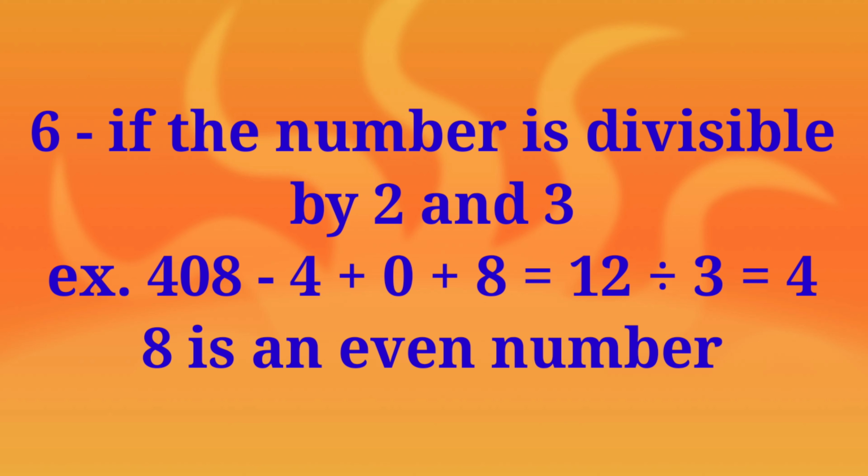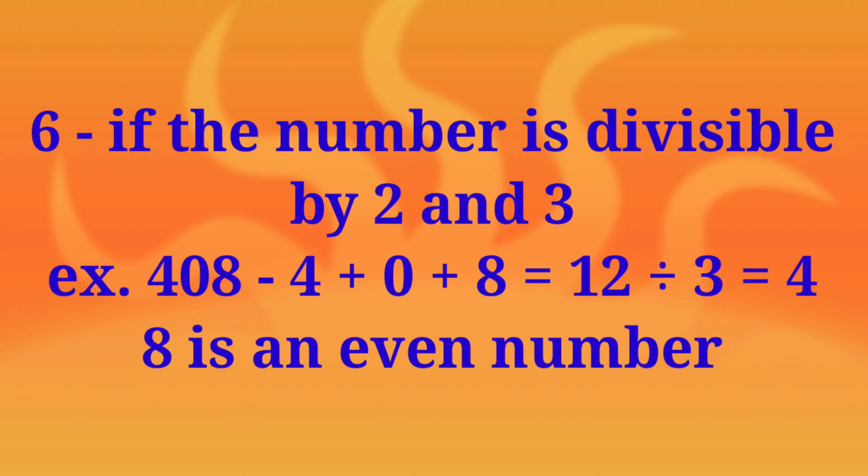So 8 is an even number, so that is divisible by 2. Now, if you add the 3 digits, 4 plus 0 plus 8, that makes 12. So if you divide 12 by 3, that makes 4. So therefore, a number divisible by 2 and 3 is divisible by 6.